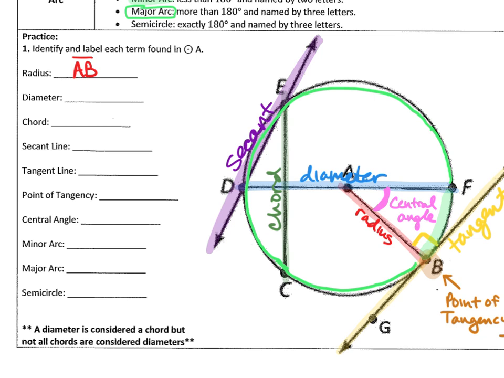For the diameter, I also only need two letters. I need where it starts and where it ends. Where does the diameter start? Point, which one? D, and where does it end? Point F. So that's a line segment since it starts and stops. There's no arrows. So I would call the diameter line segment DF.